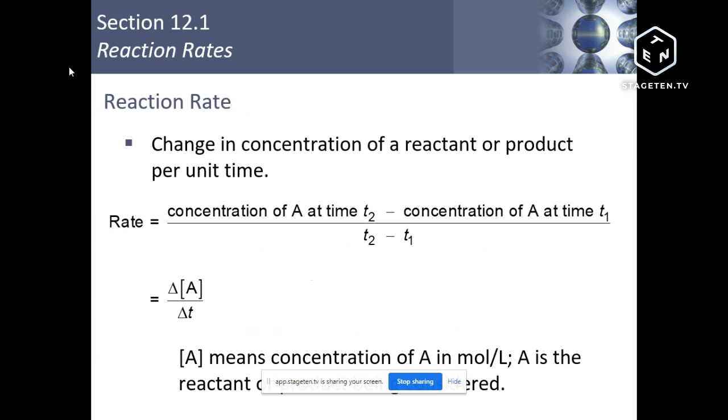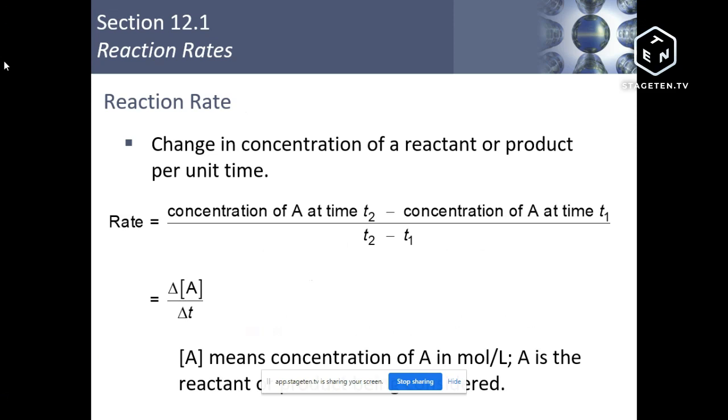So change in concentration over change in time is how you get a rate. And remember, change is always final minus initial. So the final concentration of A minus the initial concentration of A, divided by how long it took.